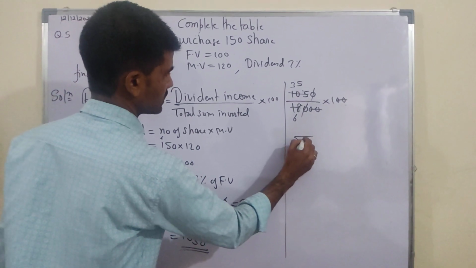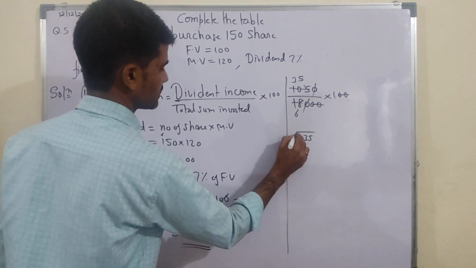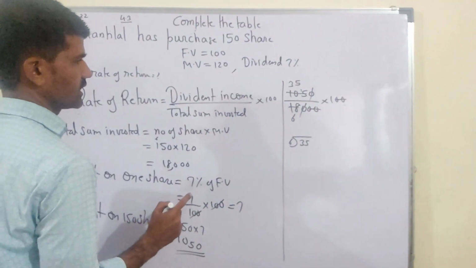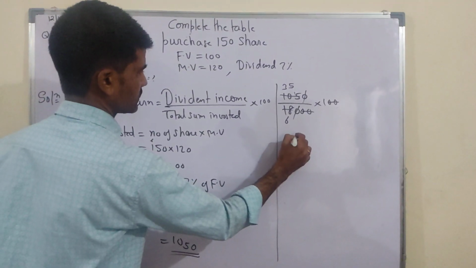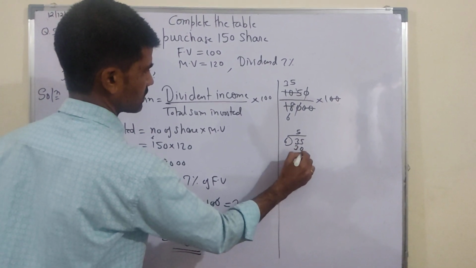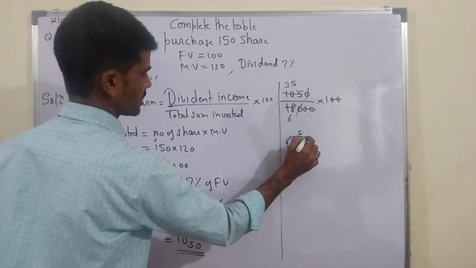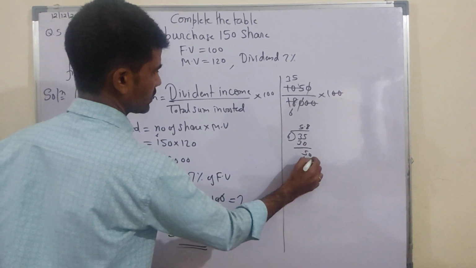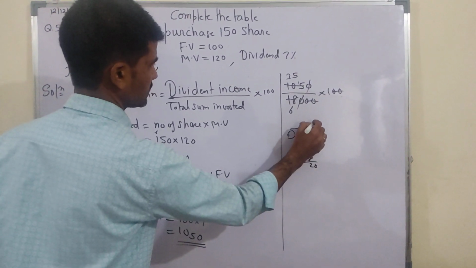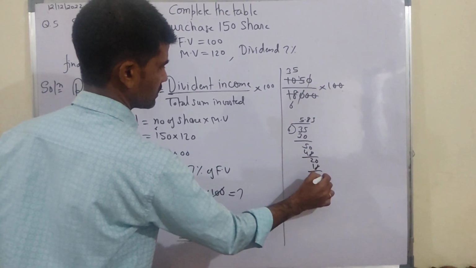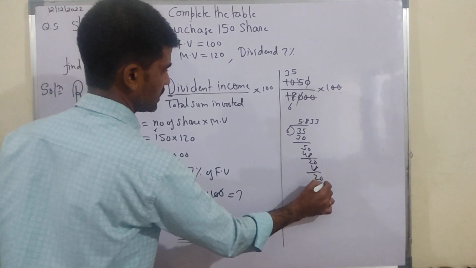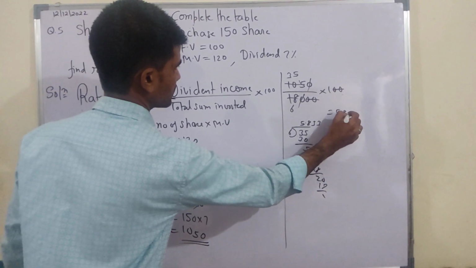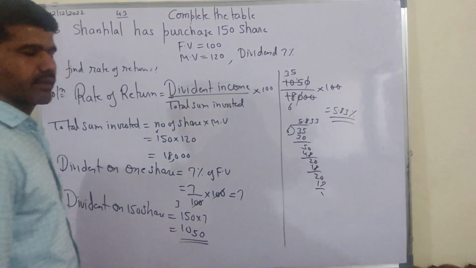Now make division. In some decimal we will get the answer. 6 9s are 54, 6 5s are 30, 6 6s are 36, 6 7s are 42, 48, 6 3s are 18, 6 3s are 18. This will go on. So the answer is 5.83% rate of return.